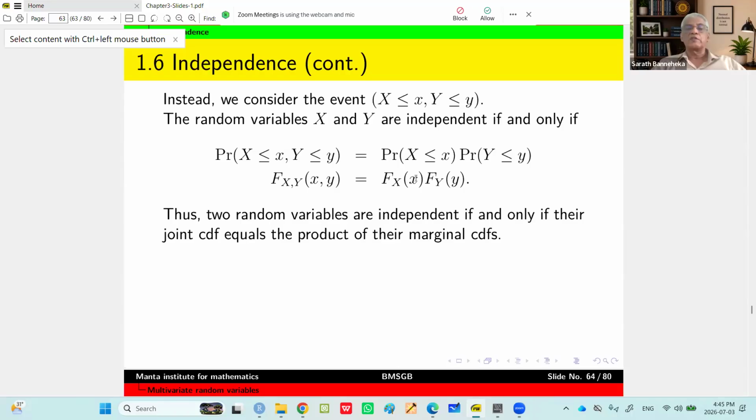This is the product of the individual marginal cumulative distribution functions at x and y respectively. So this is the suitable definition for the independence of two continuous random variables. Of course, this definition can also be used for discrete random variables, but in that case, the previous definition would be much easier.